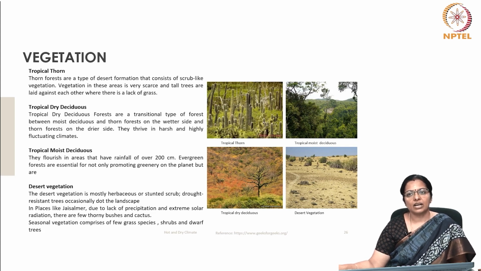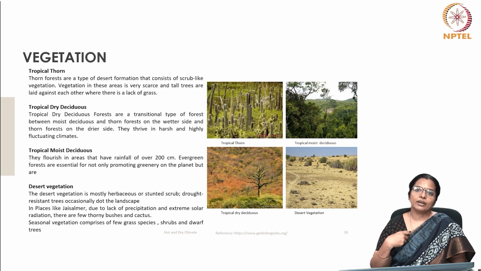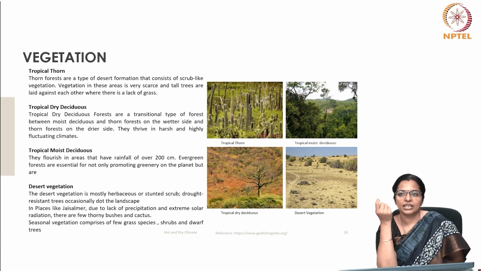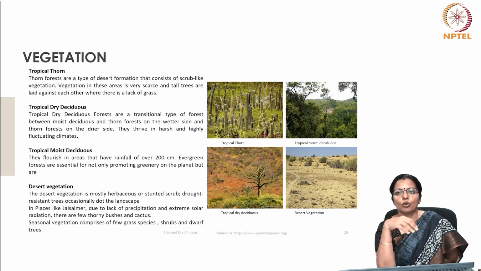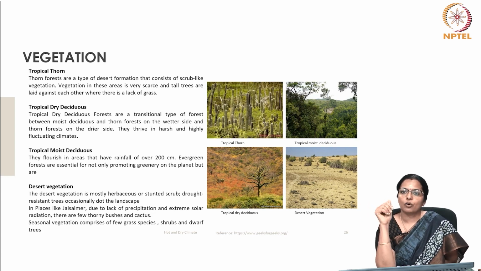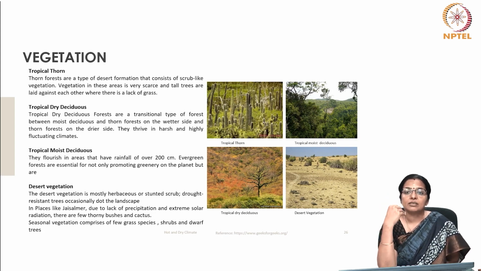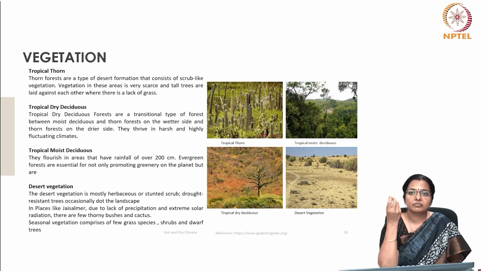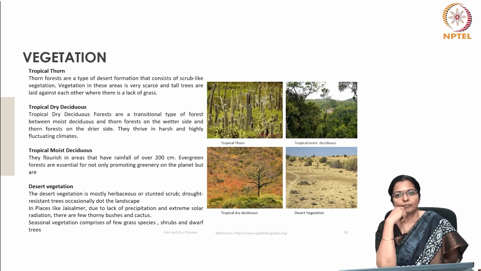They thrive in harsh and highly fluctuating climates. If we look at the tropical moist deciduous, they flourish in areas that have rainfall of over 200 centimeters. Evergreen forests are extremely important because these places can even have oases.